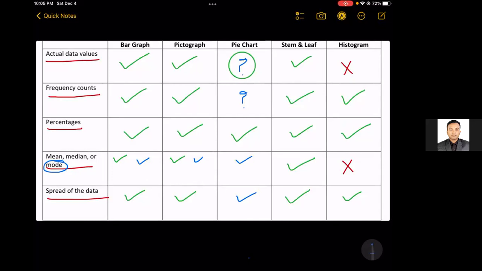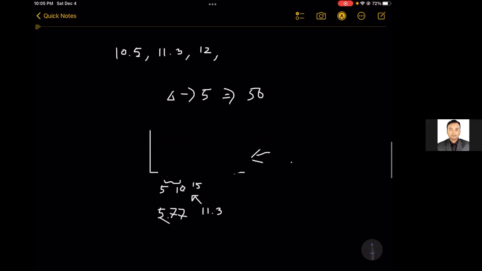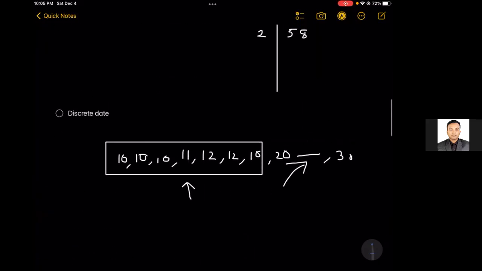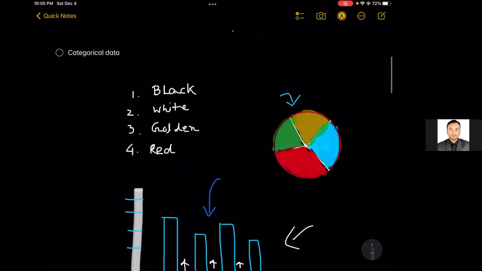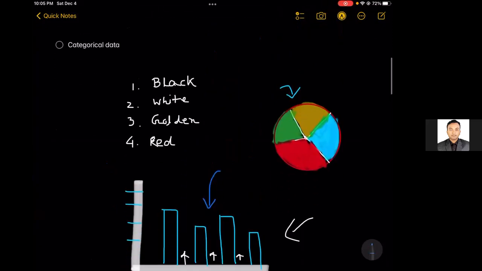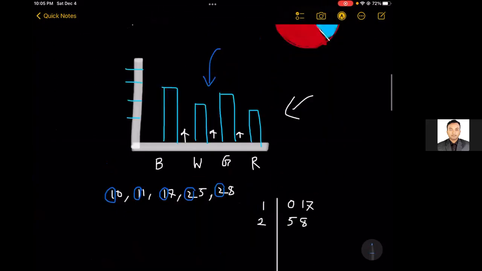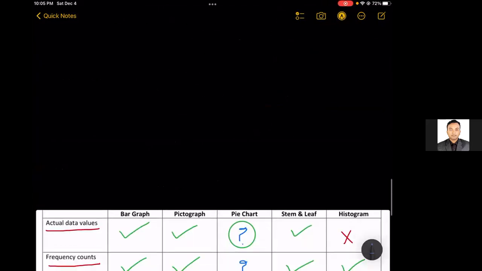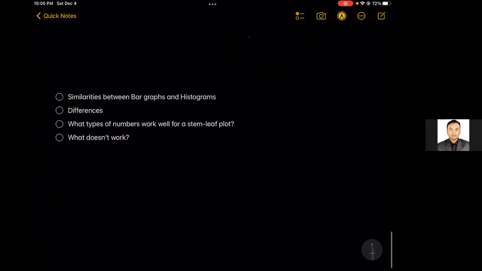Just ask yourself what could be the reasons behind saying yes, what could be the reasons for saying no, and what could be the explanations for using these graphs for the three different types of data sets we have. Think about the similarities and differences between histograms and bar graphs, which often look pretty similar.